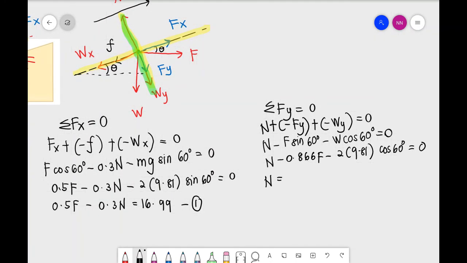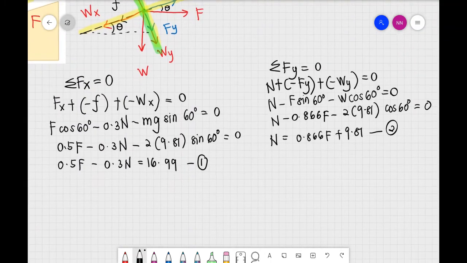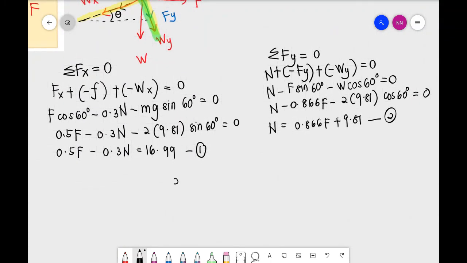So N equals 0.866 F plus 2 times 9.81 times cos 60, which equals 9.81. So we have equation 2 with two unknowns. Maybe we can substitute equation 2 into equation 1. The rest is mathematics.